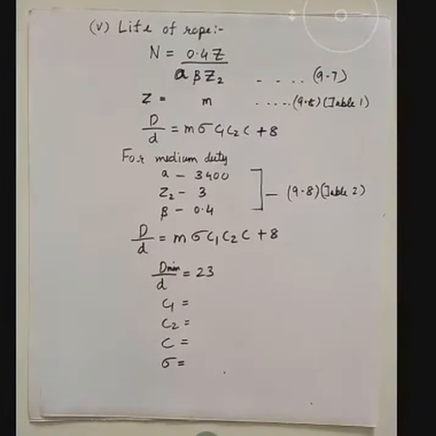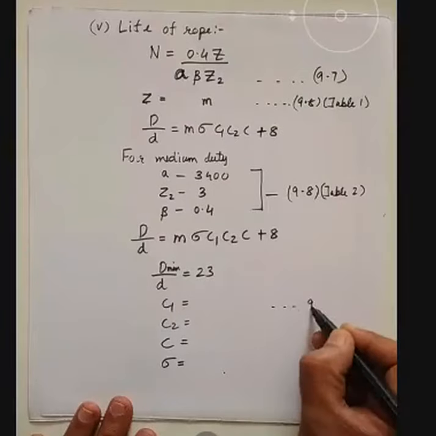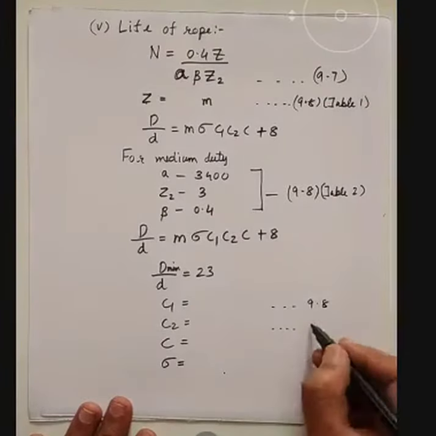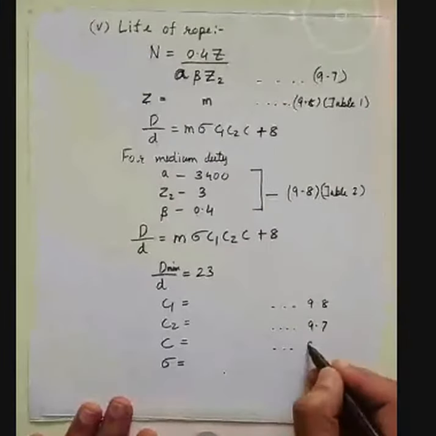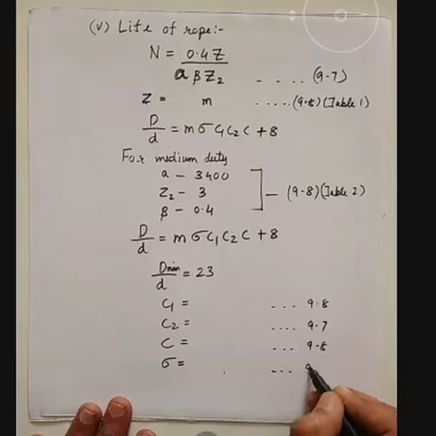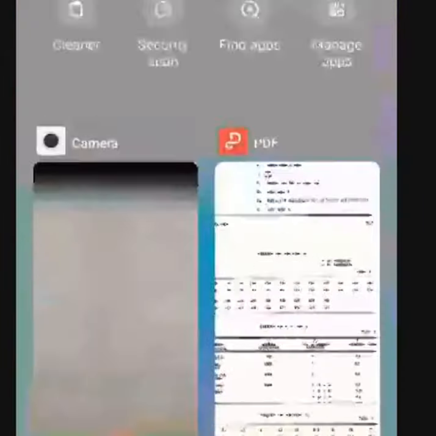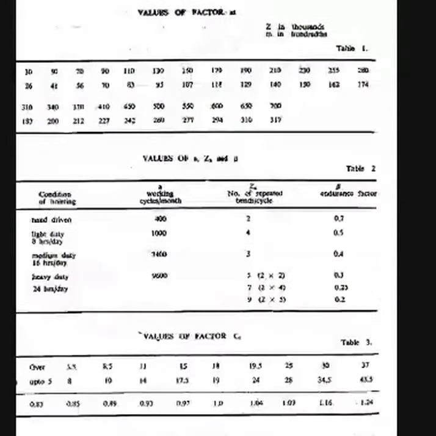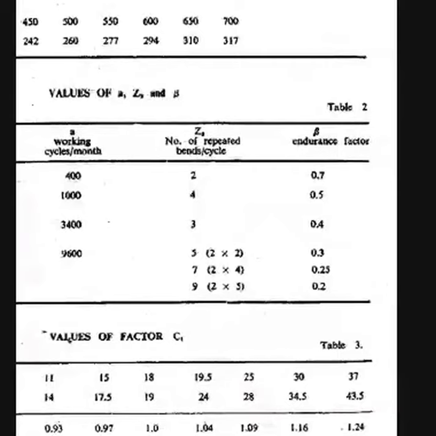For C1, refer 9.8. C2 is on 9.7. C again on 9.8. We will go to those pages. Coming to 9.8, this is the value of factor C1, table number 3.